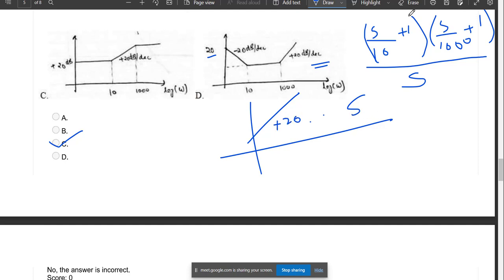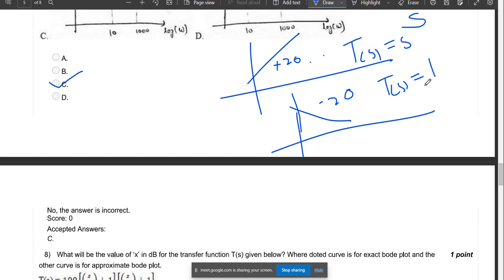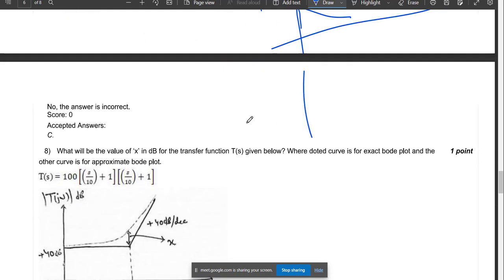If our function is starting like this with minus 20, then our transfer function will be 1 upon s. Now let's say if the transfer function is something like this, minus 40 dB.